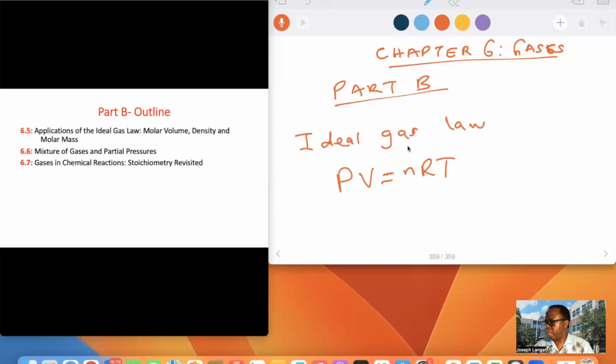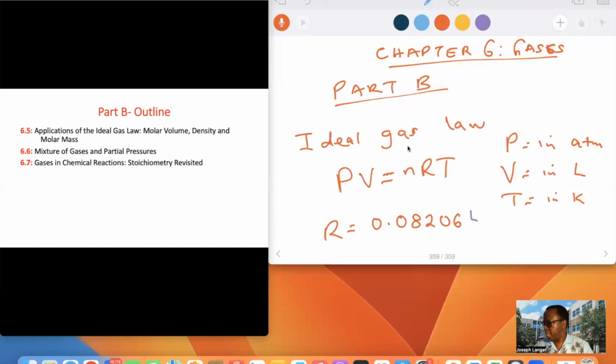and temperature in Kelvin. Remember, pressure has to be in atmospheres, so you will need to change to atmospheres. Volume has to be in liters, you always have to change the volume to liters. And this is temperature in Kelvin, because R equals 0.08206, and the unit for R is liters times atmospheres over mole times Kelvin.